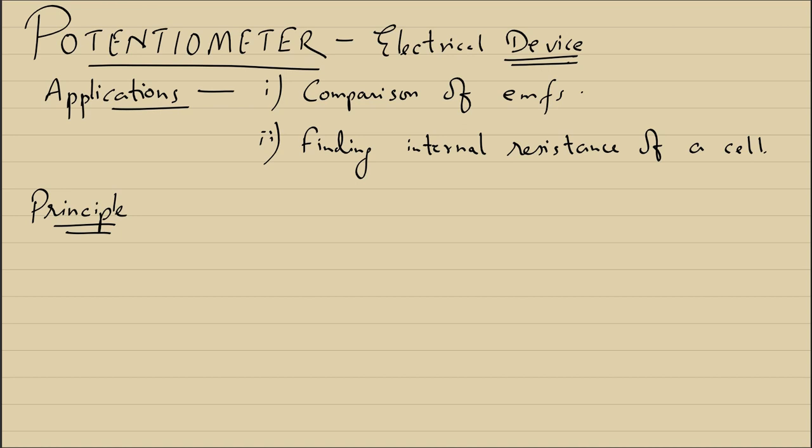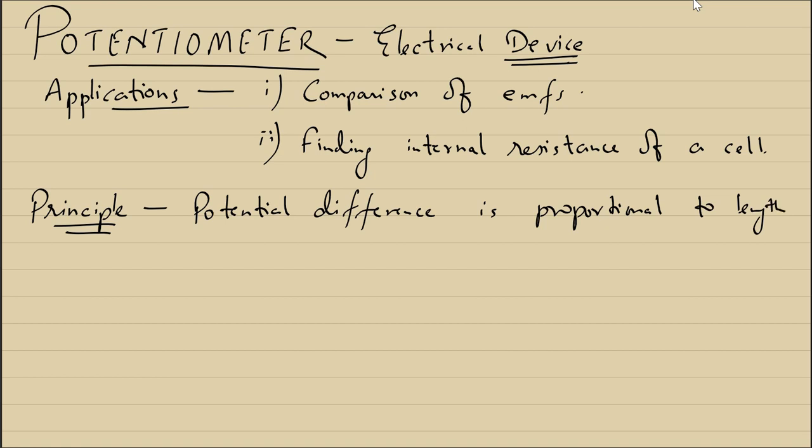So, the working principle of a potentiometer is that the potential difference is proportional to the length of the wire across any segment.